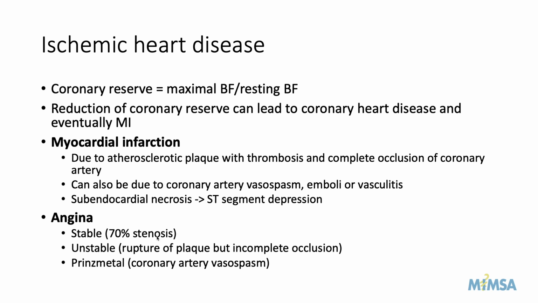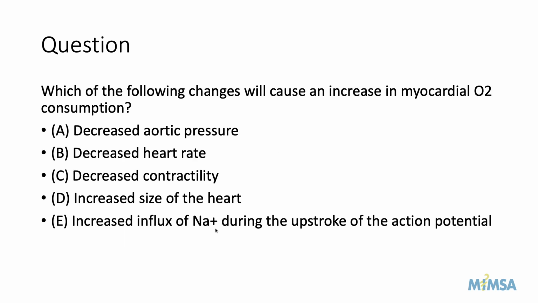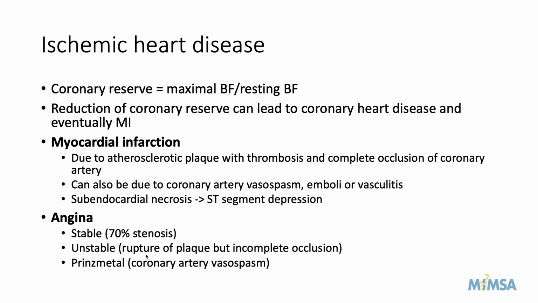You also have unstable angina, which is a rupture of a plaque but with incomplete occlusion. So it's the same as myocardial infarction, but it's not occluded completely. This makes it unstable, and this is when you feel pain even at rest. And you have Prinzmetal angina, which is basically coronary artery vasospasm. But again, you don't need to know angina for the exam. The myocardial infarction is enough.